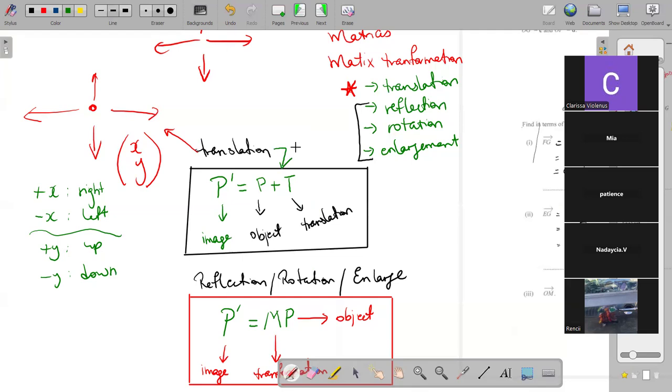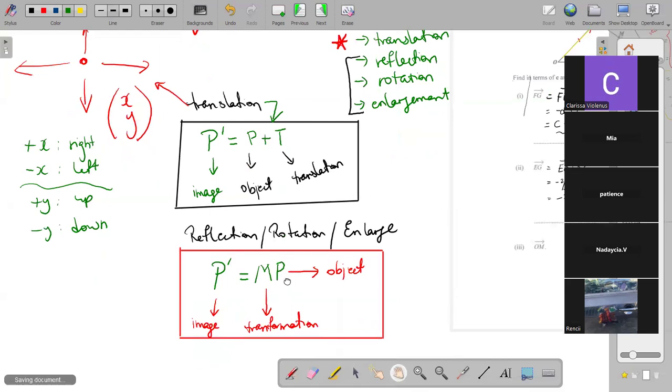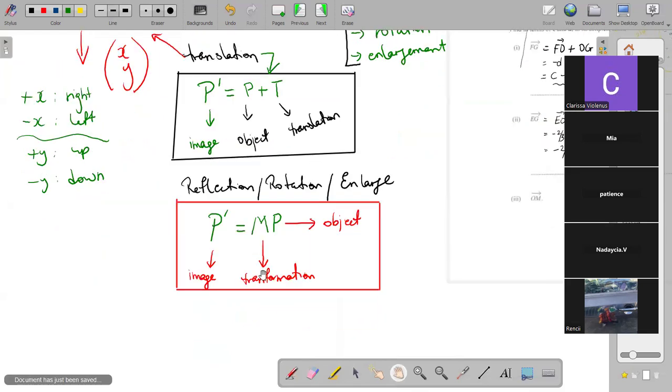So anytime you're translating something, moving the object up and down, left or right, it's an addition formula. However, the other 3 transformations, which include reflection, rotation, and enlargement, are multiplication. You have to multiply the matrices. So the image is equal to MP.